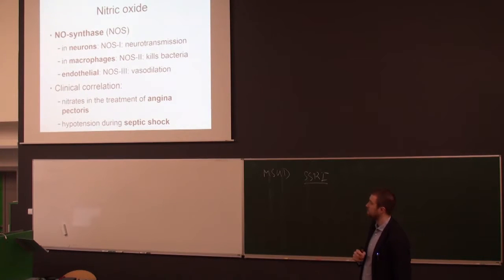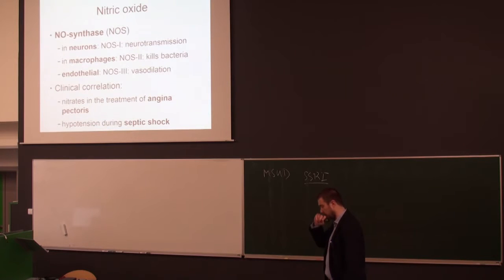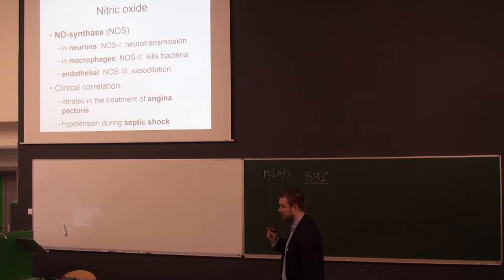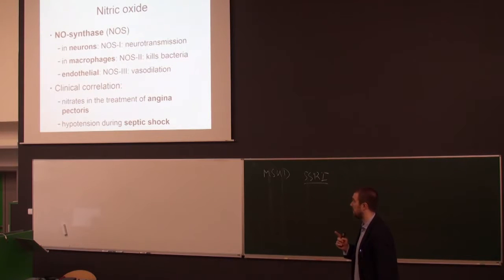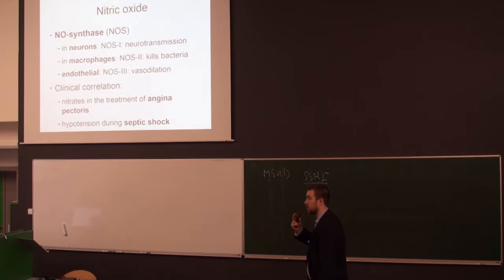And the last is the knowledge that endothelial cells produce nitric oxide as one of the main vasodilatory compounds. That means a compound that increases the diameter of your blood vessels and therefore lowers the blood pressure.